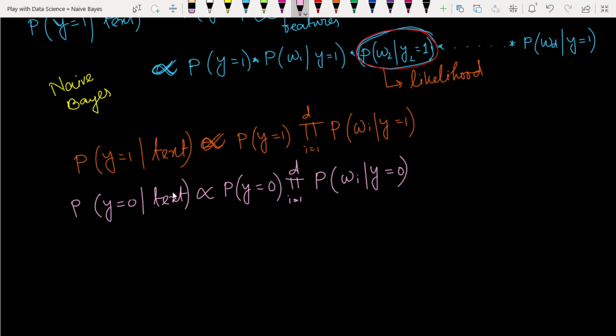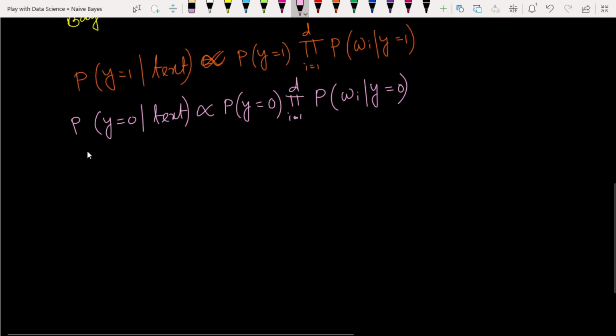After finding these probabilities we can easily compare; the maximum one will be the class level of the query text. We did this in the previous example. Now the main thing is how to calculate this likelihood value, and the probabilities of y equals 1 and y equals 0. So let's see how we calculate these values first.